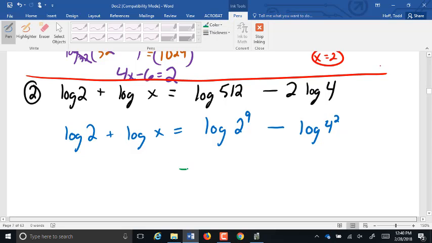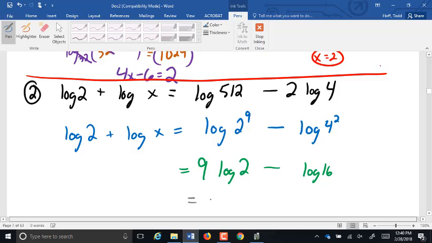On the left side here, again, there's nothing to change. Log of 2 to the power of 9, that's 9 times the log of 2. Now, you might say, why did I go the other direction here? Well, 4 squared is 16, right?